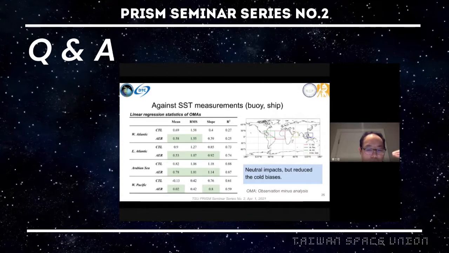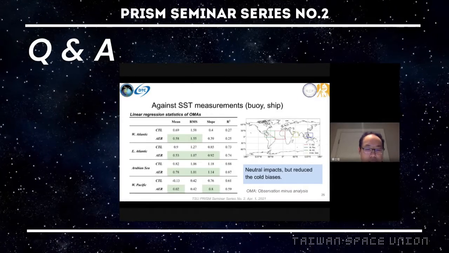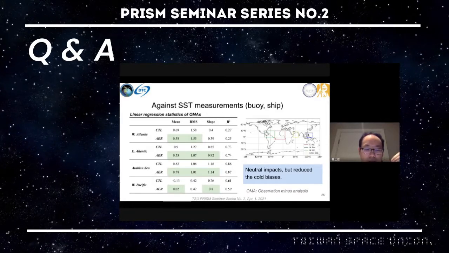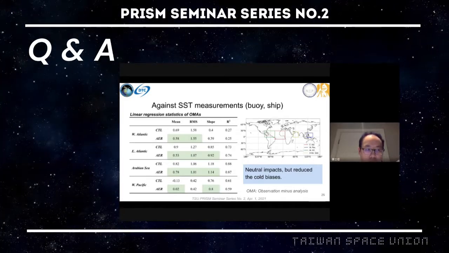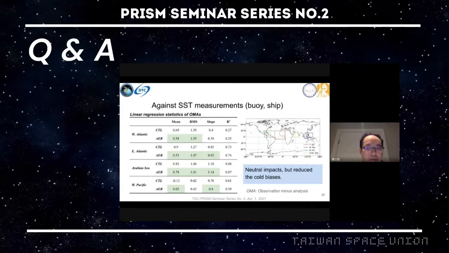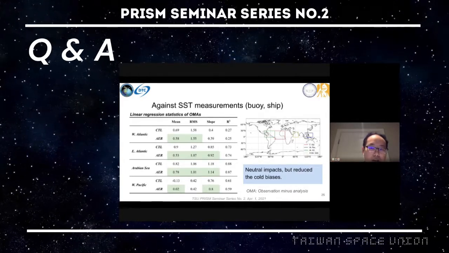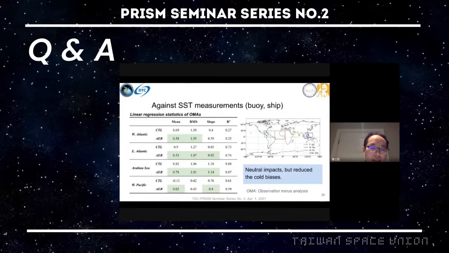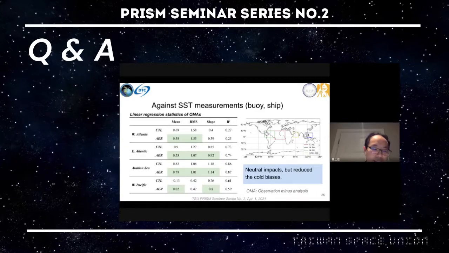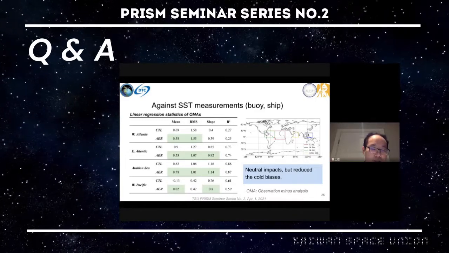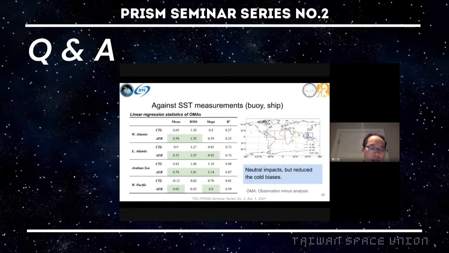So when we have a cooler brightness temperature in the forecast model, the first guess departure generated over the warm bias region, like West Pacific, becomes smaller.